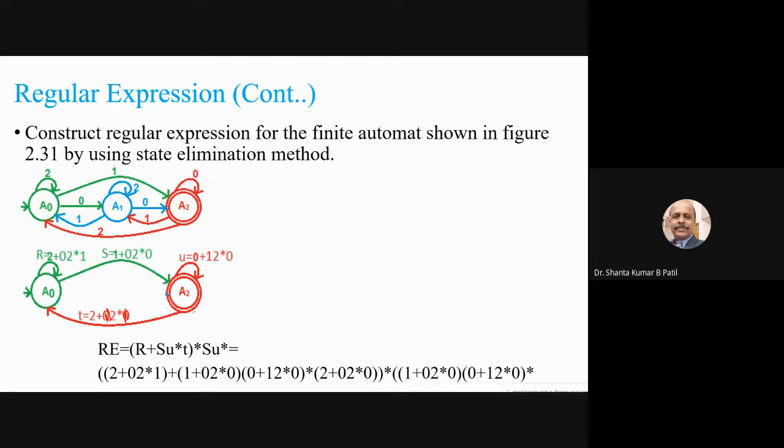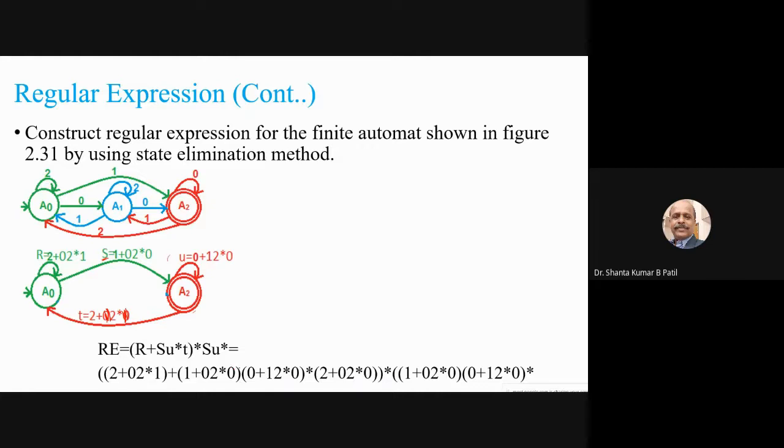Hence, you can substitute all these values in this equation. In this equation, R is now 2 plus 0, 2 star 1. S is the path between A0 to A2, from the initial state to the final state. Substitute S as 1 plus 0, 2 star 0.